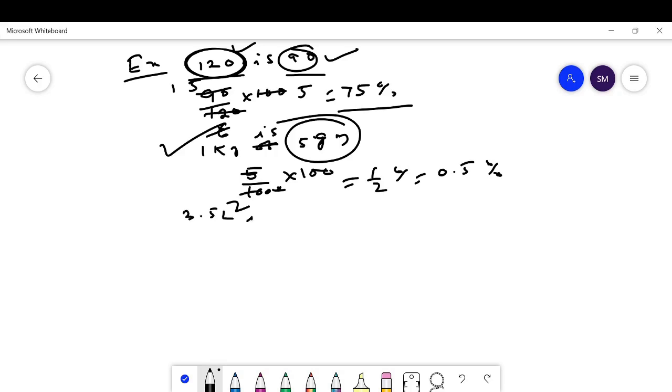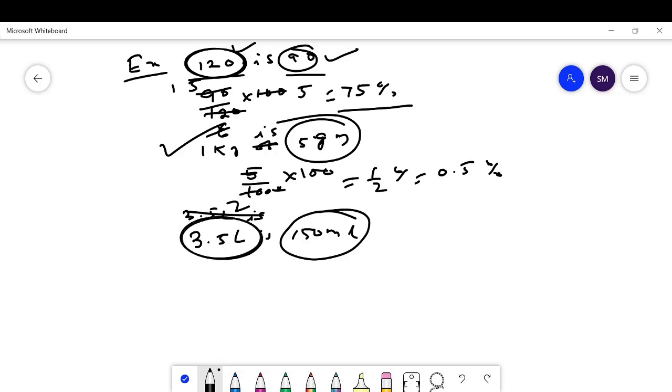Then another question is asked: 150 ml is what percent of 3.5 liter? Take 150 ml out of 3.5 liter. When you find the percentage, you must write both in the same unit.